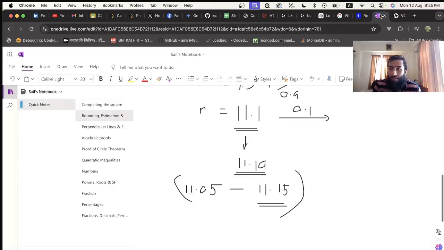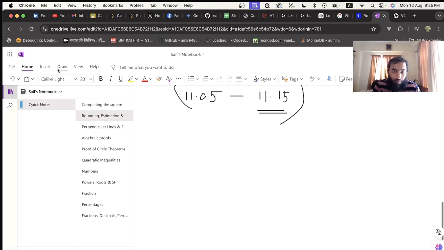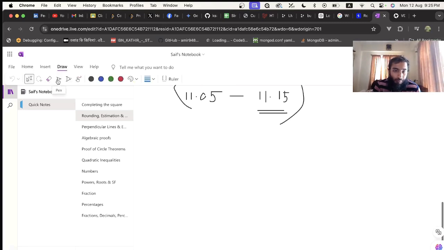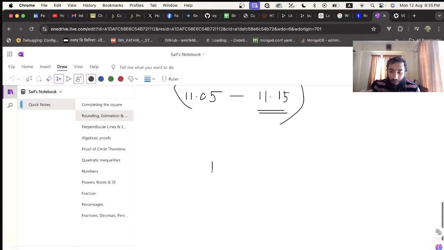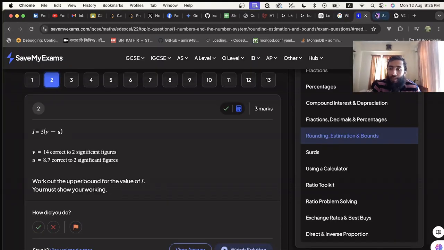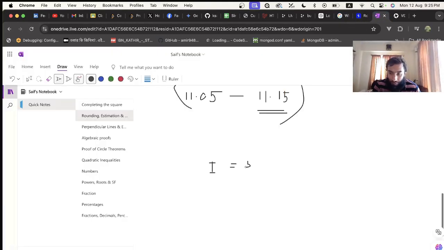So let's use my notepad and my pen tool. What is given? V is 14 correct to 2 significant figures. Let's use the equation first. The variable I is equal to 5 multiplied by v minus u.